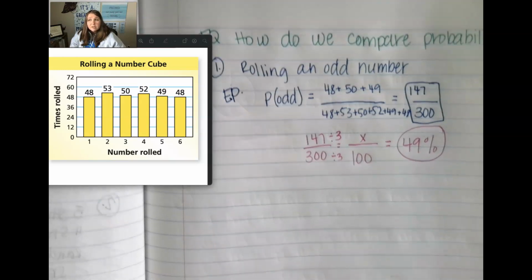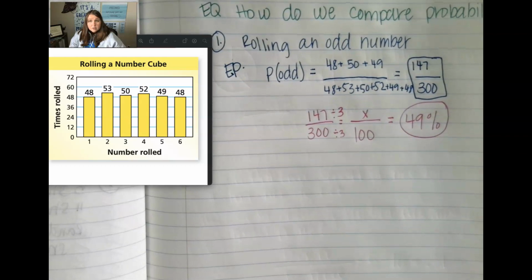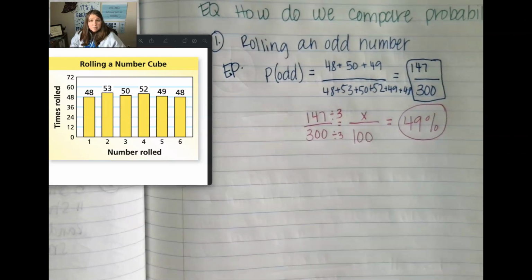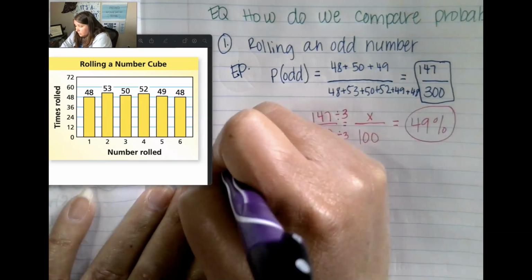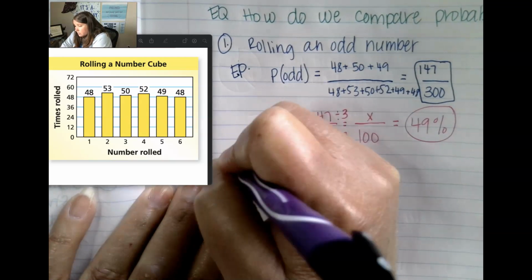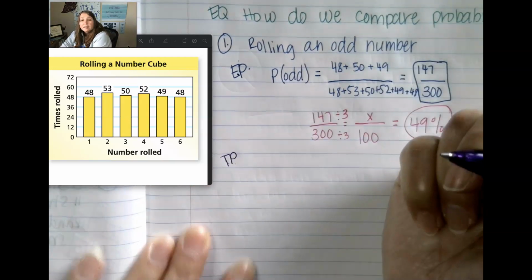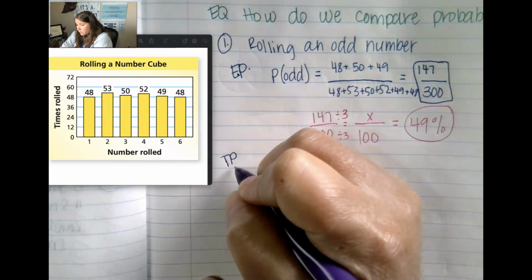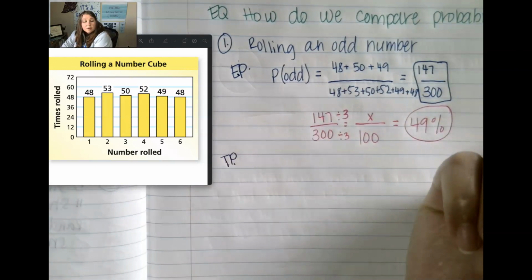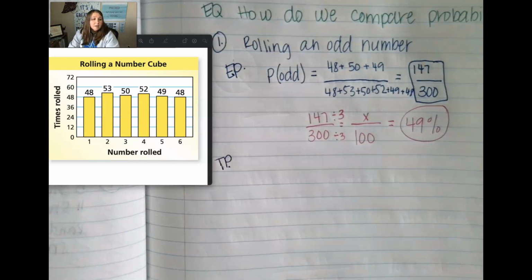So let's look at theoretical probability. I'm just going to call it TP, like not toilet paper, but theoretical probability. Theoretical probability is the likelihood, the number of favorable outcomes.